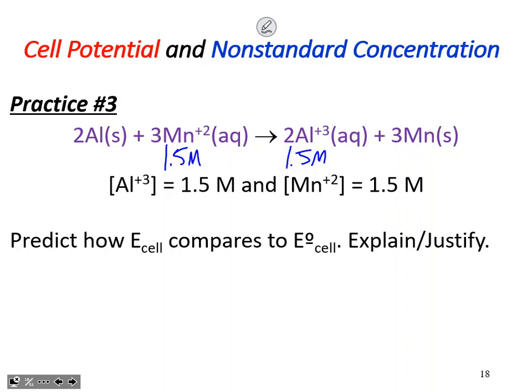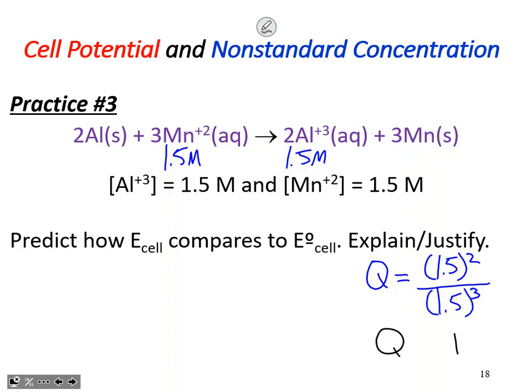If you just glance at it and not consider the overall reaction here, it's definitely not going to come out what you would think if you don't look at the math, because it's going to be the 1.5 squared over the 1.5 to the third. So Q, what happens to Q here? Is Q going to be greater than or less than 1? Yeah, this one's less than 1 still.